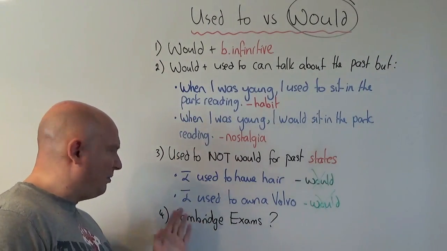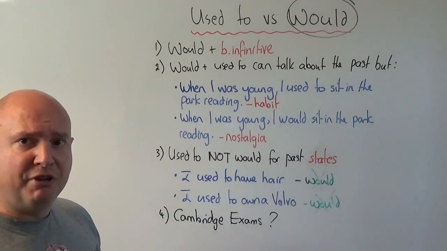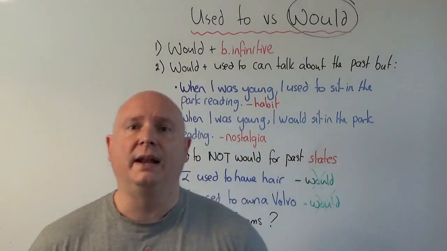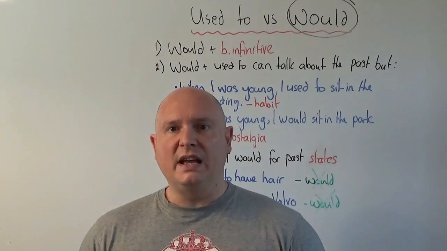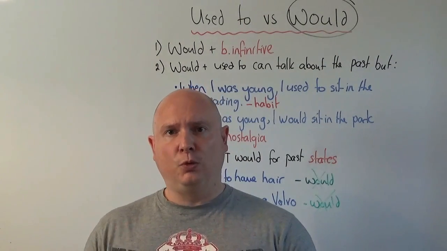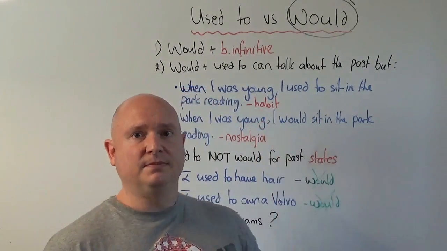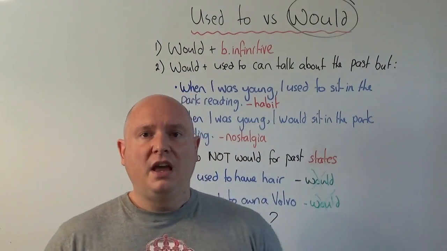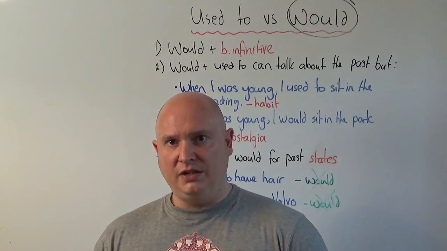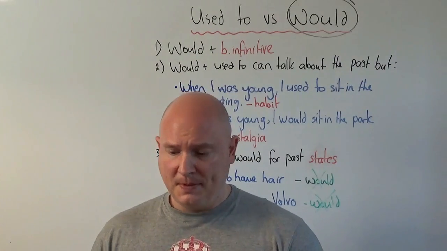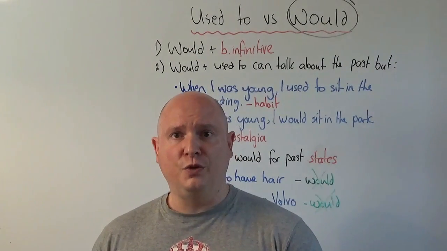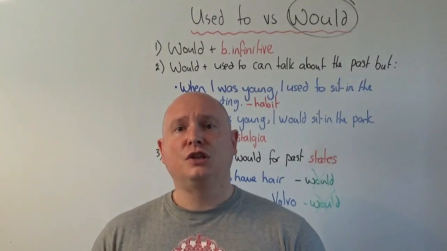Now, number 4, I've written here Cambridge exams. Now, why have I done that? If you're doing an FCE or CAE, is it important to know the difference between these? Yes, it is. If you're doing a FCE, CAE or CPE use of English, like a part 1 or part 2, pay attention to the context.